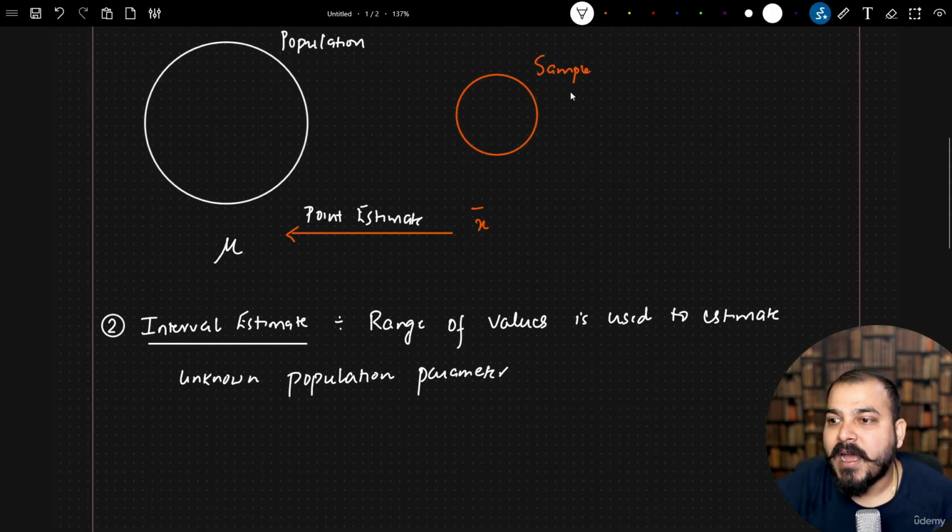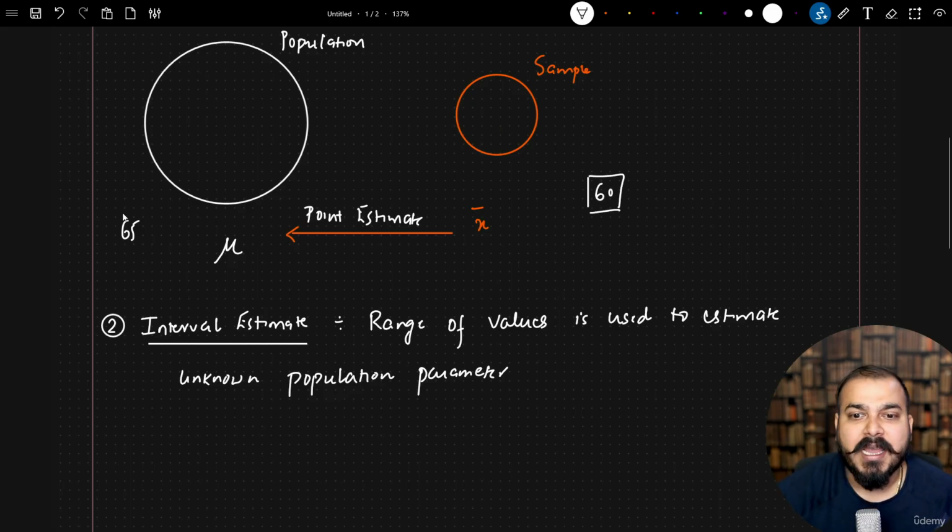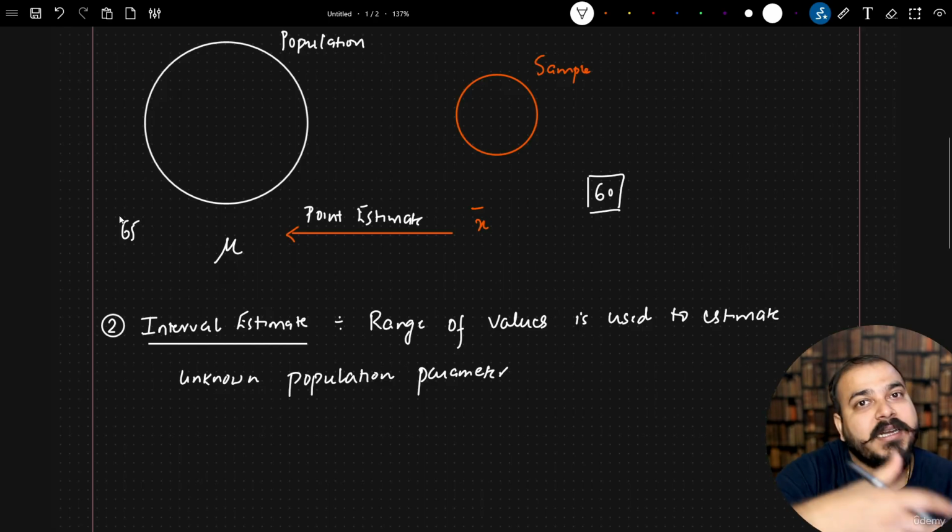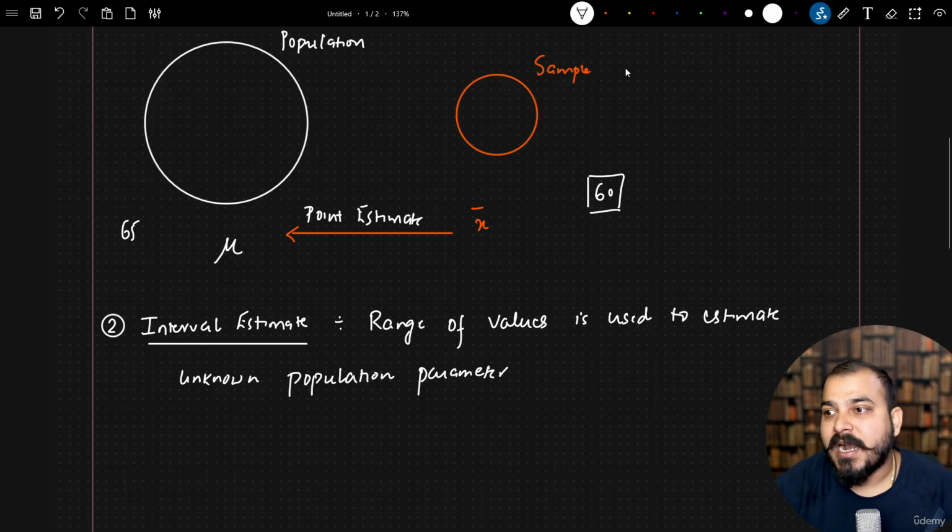Let's say I have a population age mean of somewhere around 65, and let's say I consider a sample and I got 60. Now you can see that with respect to 60 and 65 there is a huge difference, so 60 cannot represent the entire population mean. So what we do is use an interval estimate to specify a range.